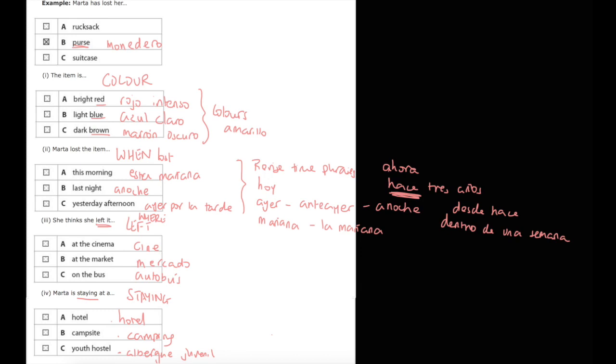Sé que lo tenía en el cine cuando pagué las entradas, pero creo que lo dejé en el autobús número 17. No estoy segura. De momento no lo tenemos. ¿Cómo podemos ponernos en contacto con usted? Estoy alojada en el albergue juvenil hasta la semana que viene.